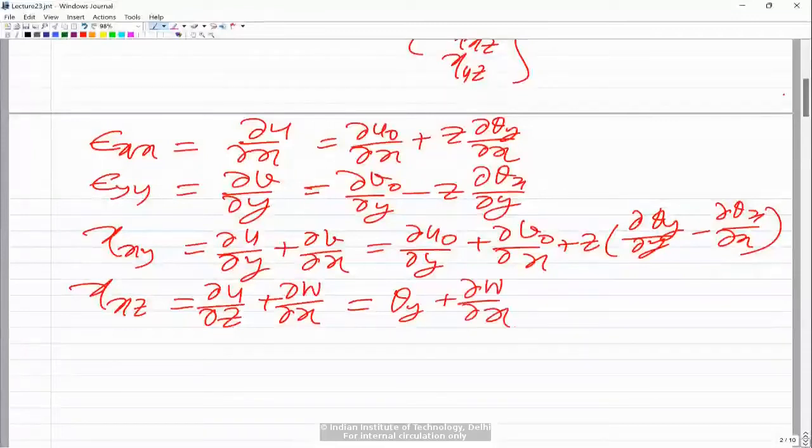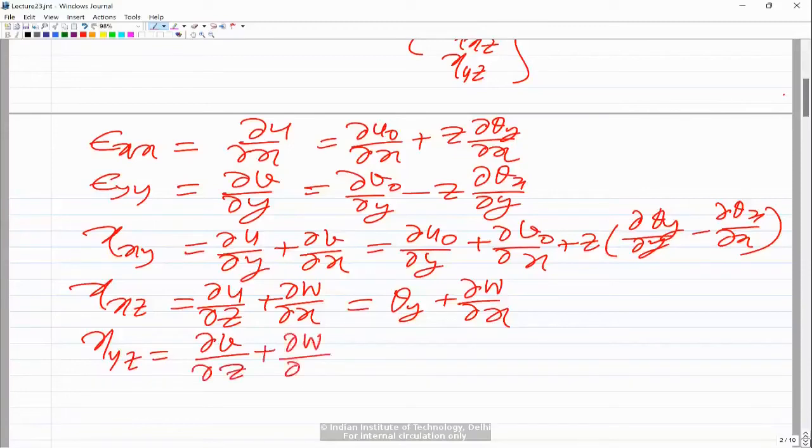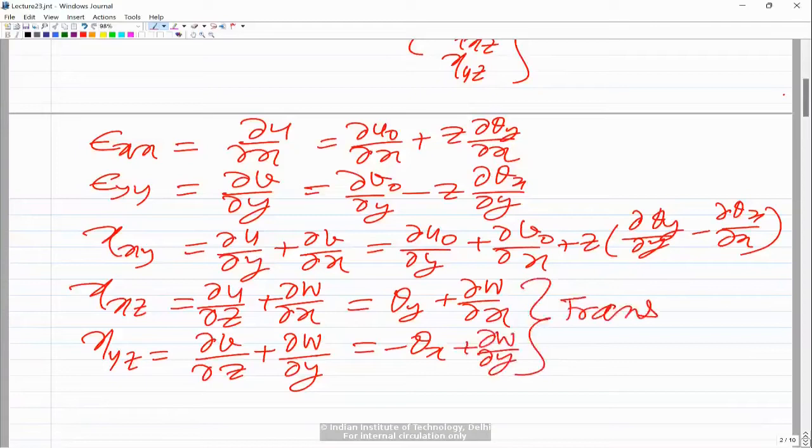Similarly, gamma yz is del v by del z plus del w by del y, and del v by del z is minus theta x, so we get minus theta x plus del w by del y. These strains are known as the transverse shear strains.